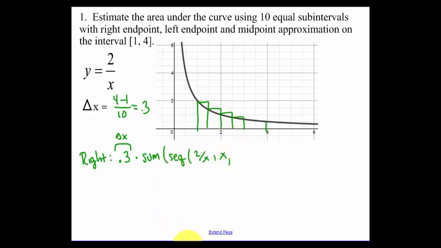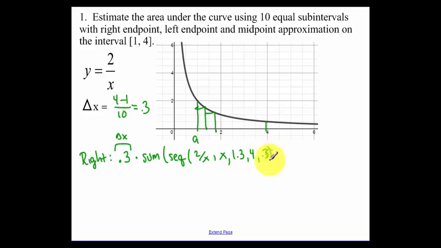I apologize. These are right rectangles, so I'm looking at that the wrong way. The right rectangles, this is going to be my right rectangle. So for my right rectangle, I have my a. To get my height, I have to go over delta x. So that's 1.3, 1 plus your delta x. You're ending at your endpoint, 4.